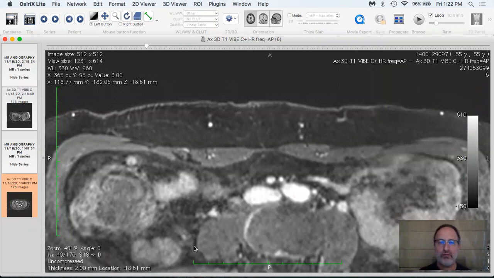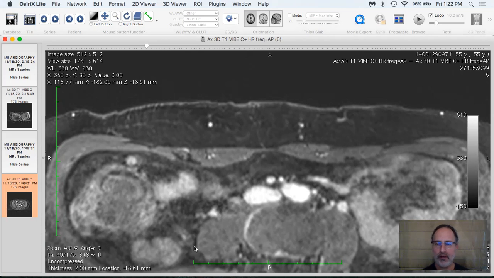This is a study that we get through radiology on all of our patients who are going to undergo perforator flap breast reconstruction, namely a DIEP, which is a deep inferior epigastric artery perforator flap.